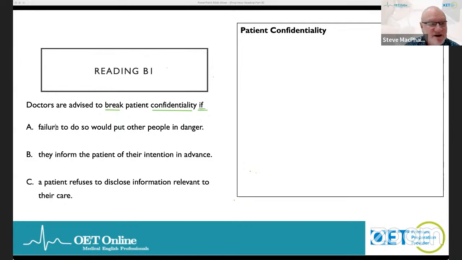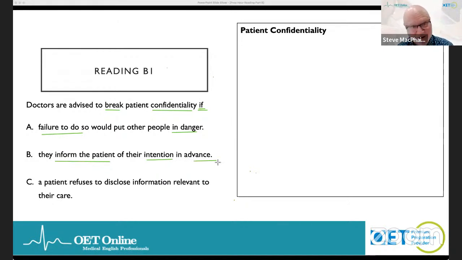A: if failure to do so would put other people in danger. Failure to do so, we didn't do it, would put other people in danger. Food for thought. B: if they inform the patient of their intention. Okay, well, that sounds fair. You're giving people a warning in advance.